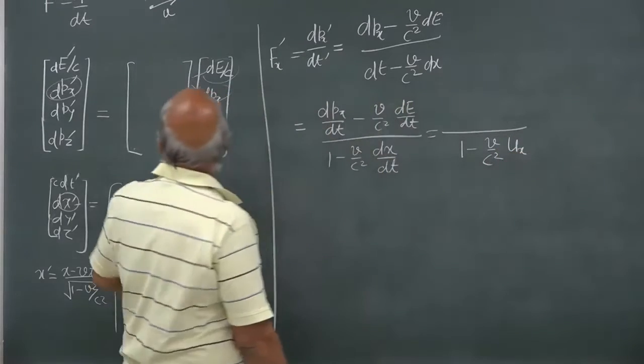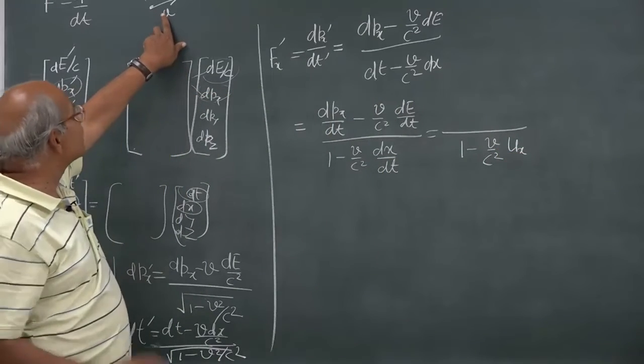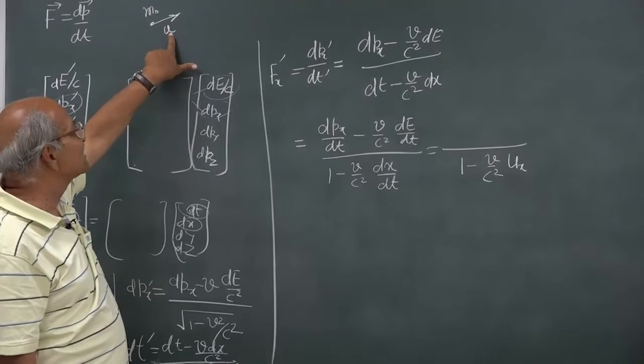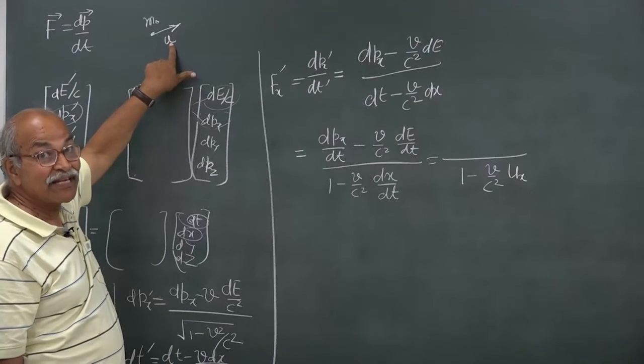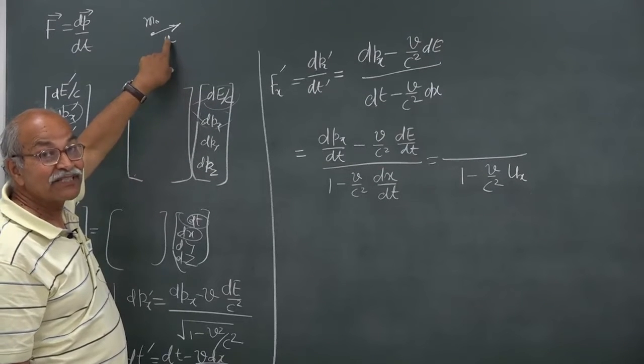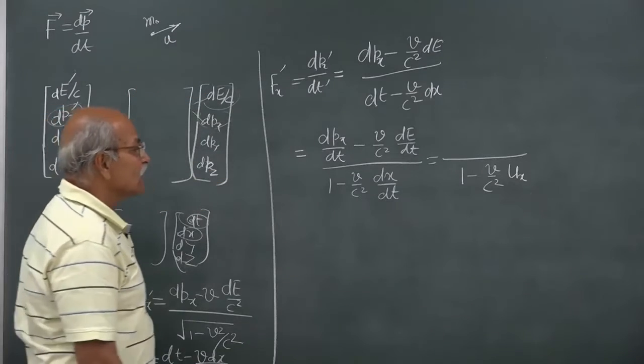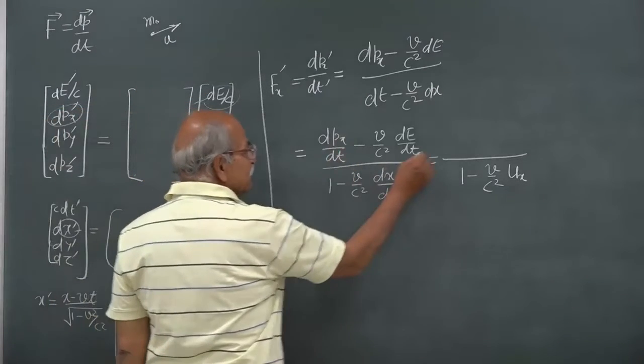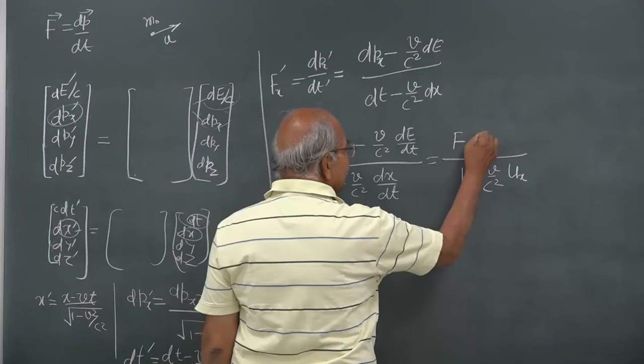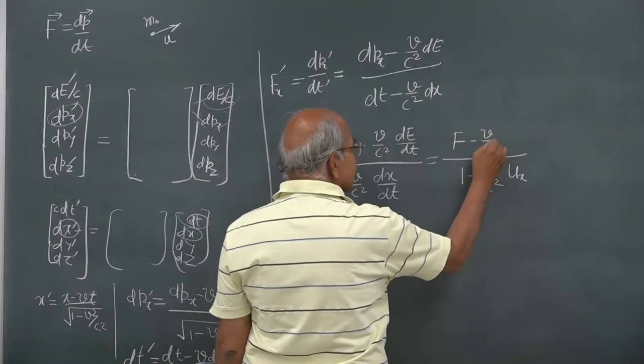The particle is moving at time t with this speed u in S frame, and the x component of this velocity will appear here. And here dpx/dt will be f, minus v by c square, and dE/dt.